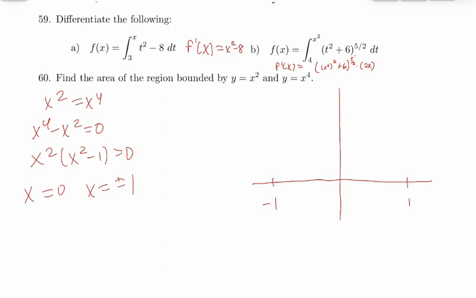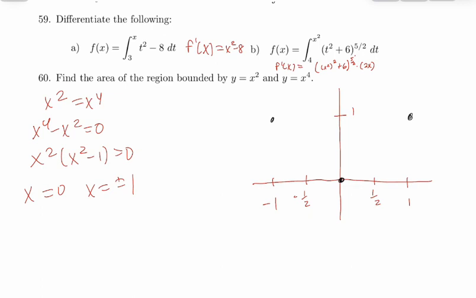So we do have to know where they intersect to see what's the region I'm most concerned about. Okay. So at 0, they're both at 0. At 1, they're both at +1. At -1, they're both at -1. So we need a little bit more information.